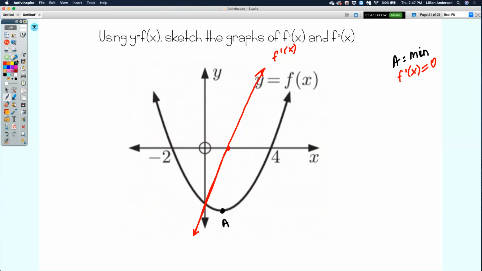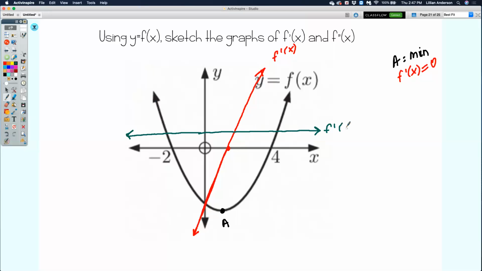So the only way that I can represent the second derivative so that it will always be above the x-axis from negative infinity to positive infinity is my second derivative needs to be a horizontal line that intersects the y-axis above, or in the positive area.